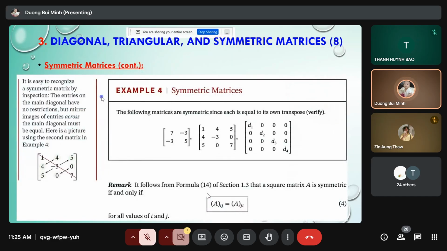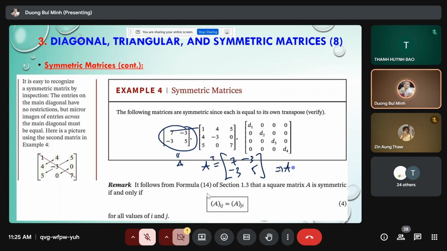For example, here, this is A. When we take the transpose of A, the first row becomes the first column, so 1, minus 3. The second row becomes the second column, so minus 3 and 5.